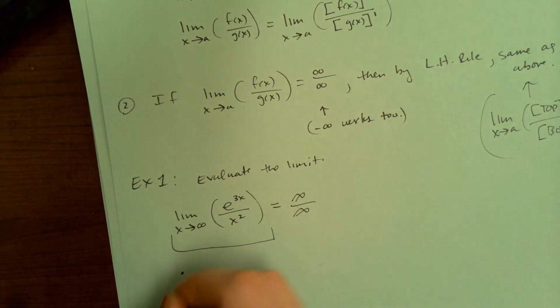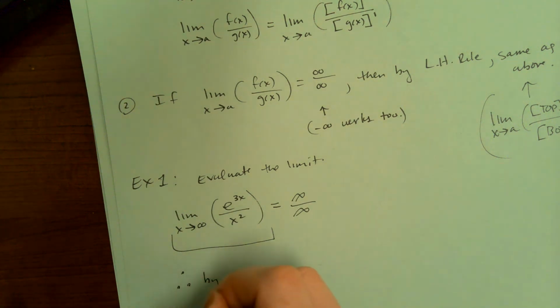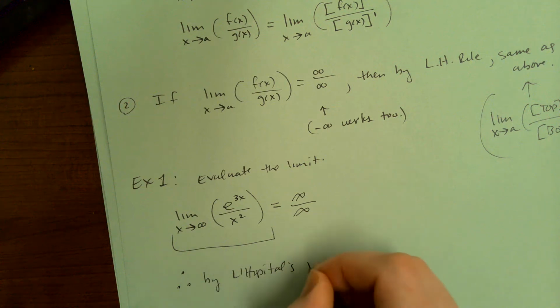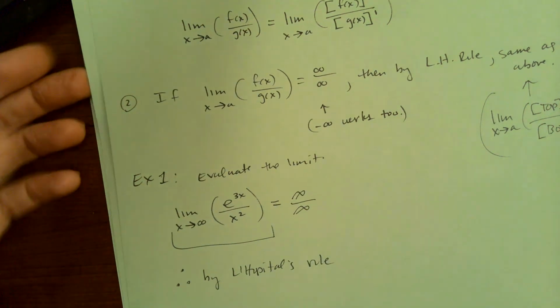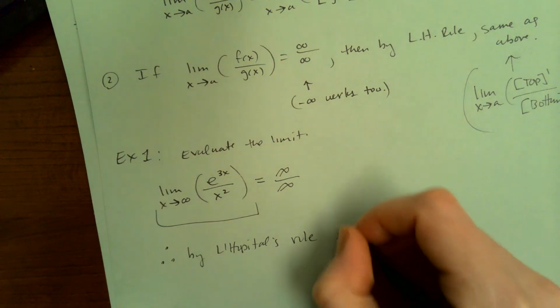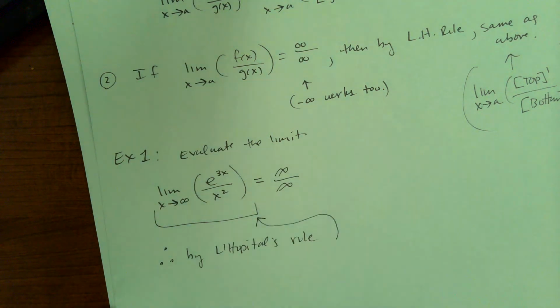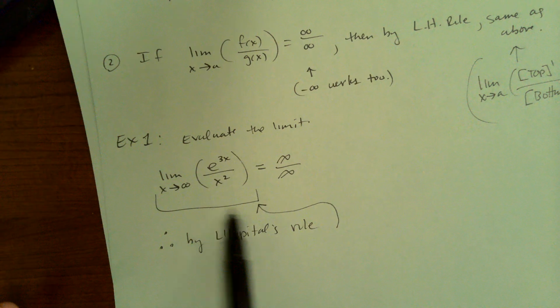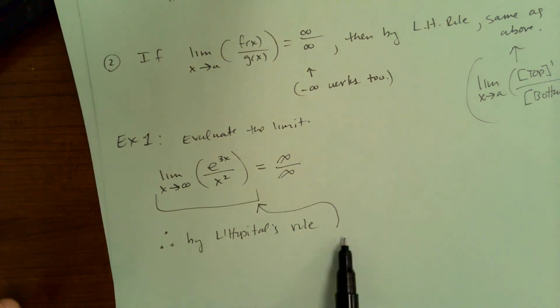I'll say therefore, by L'Hopital's rule. Sorry if my handwriting's bad. I was just walking outside and it was cold. Therefore, by L'Hopital's rule, and I'm going to put an arrow to this original limit so I don't have to write it again.